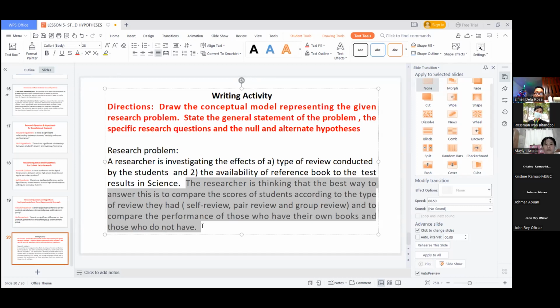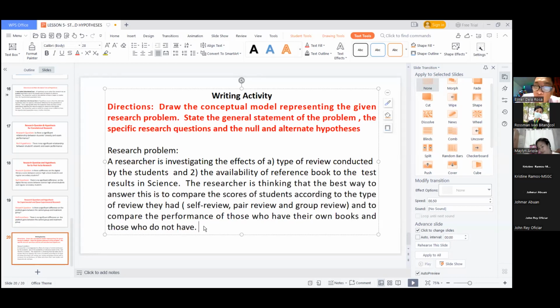Kasi sabi niya, the type of review conducted by the students. In other words, it has already occurred. At hindi ito pwedeng experimental. Halimbawa, gawin ko ang experimental ito, type of review affects exam. So sasabihin ko, Von, Vivian, mag-review kayo on your own na, sarili nyo lang.